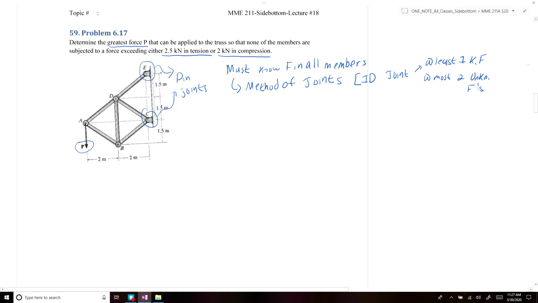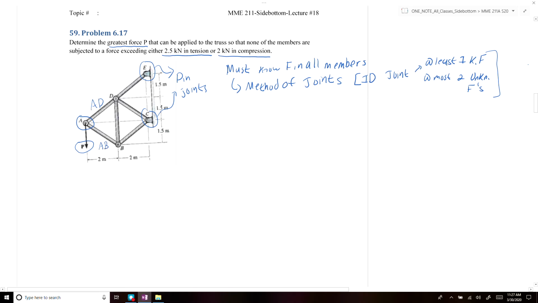If we look at this diagram here, we can see that at point A, we have a known force P, and we have two unknown forces. We have the force within member AD, and we have the force within member AB.